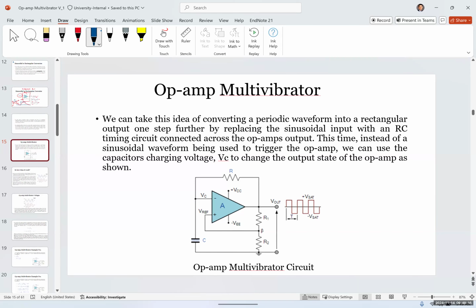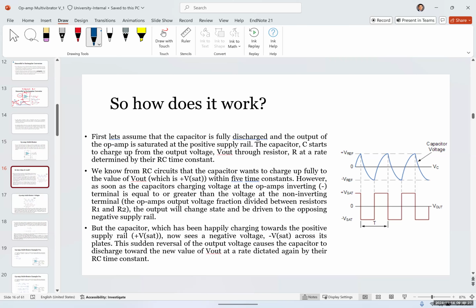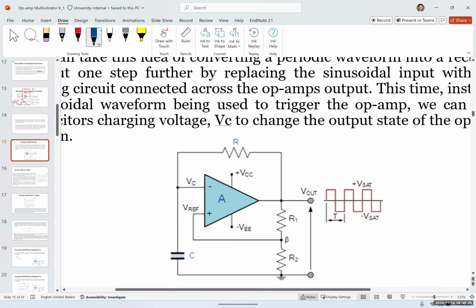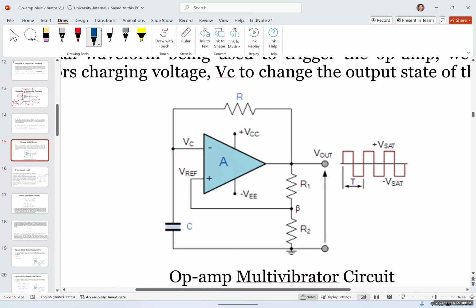So instead of having the input, we can put an RC, and using the charging and discharging of that RC, we can create a rectangular signal. The way that it works is like this, actually. Initially, imagine that the capacitor is discharged. So the capacitor voltage initially is 0. Okay. And imagine initially that the output is positive VCC.